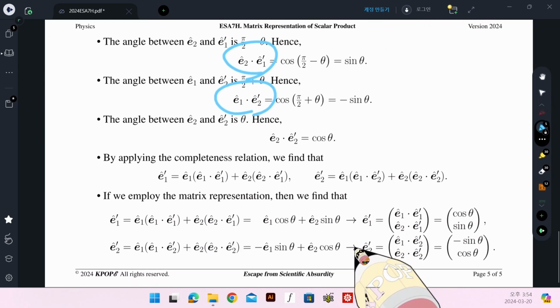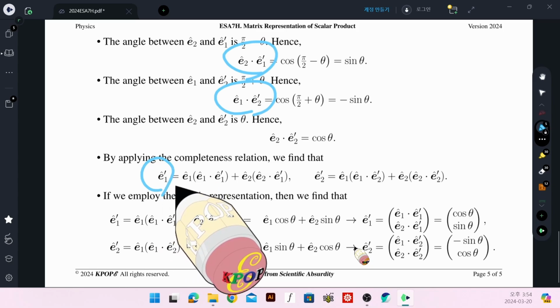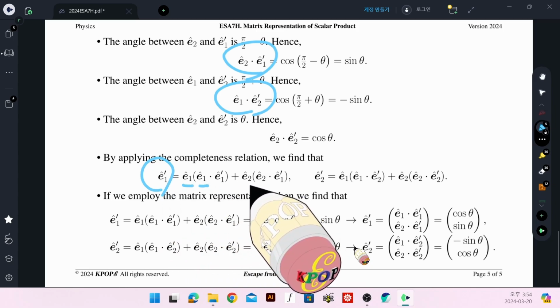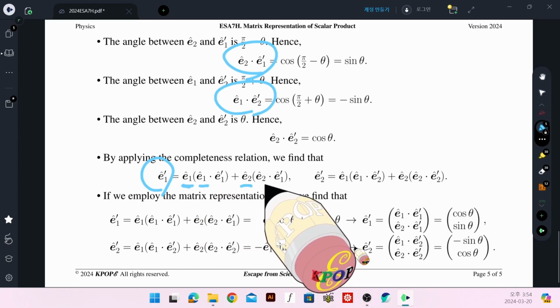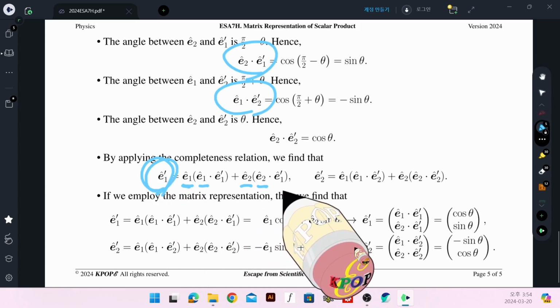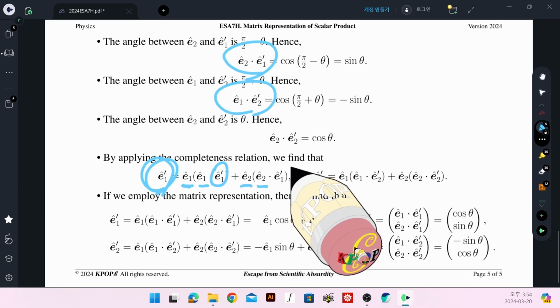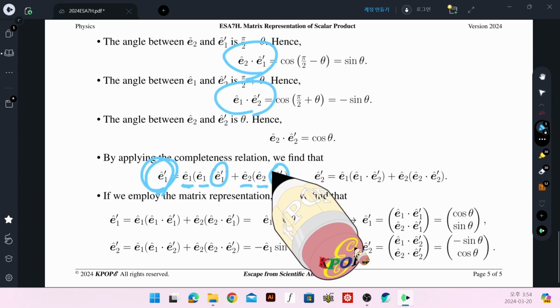We remember any vector can be expressed as a linear combination of E1 and E2, by the completeness relation in terms of the E1 and E2 vectors. E1 prime can always be expressed completely in this form.